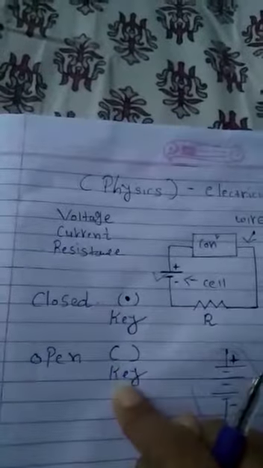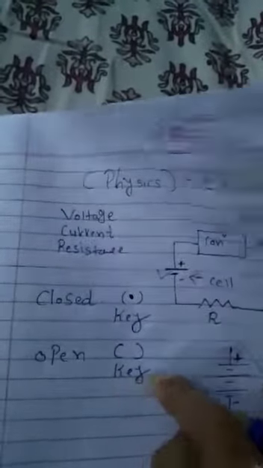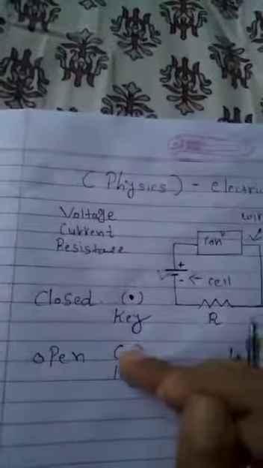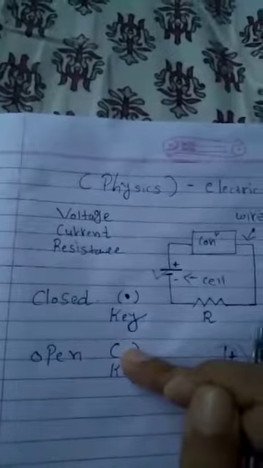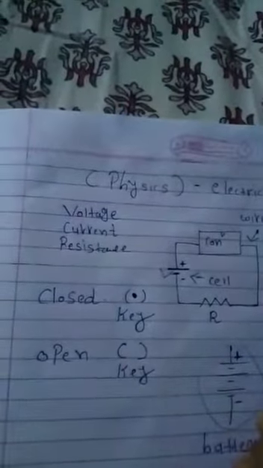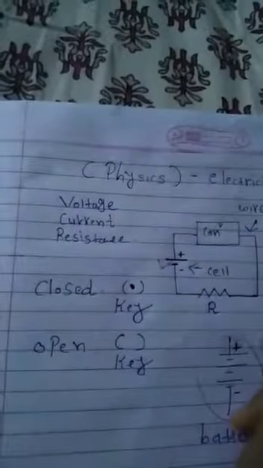Open key means the circuit is broken. So if it is open, then the circuit is broken. Circuit is broken means electricity or electric current cannot pass through it.